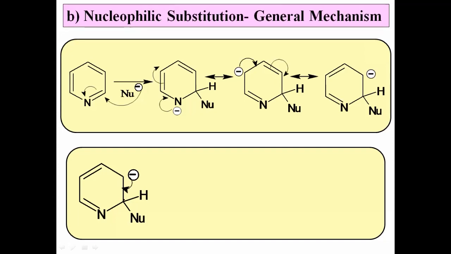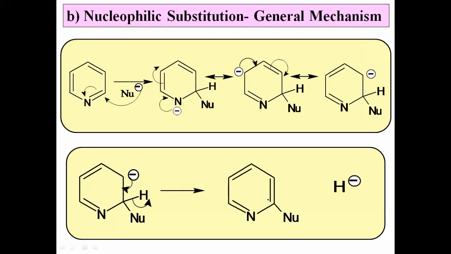To maintain the valency of this carbon, the bond between position 2 and hydrogen undergoes breaking, the electron pair goes towards hydrogen, it acquires a negative charge, and there is a formation of H minus. Here the hydrogen is removed in the form of H minus, while a pi bond forms between these two atoms, and we get the product.